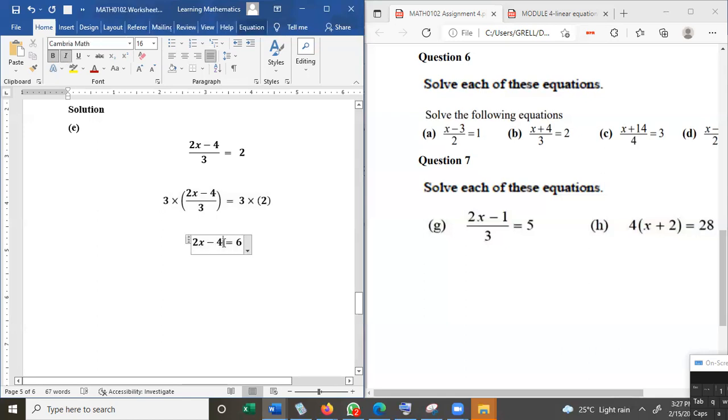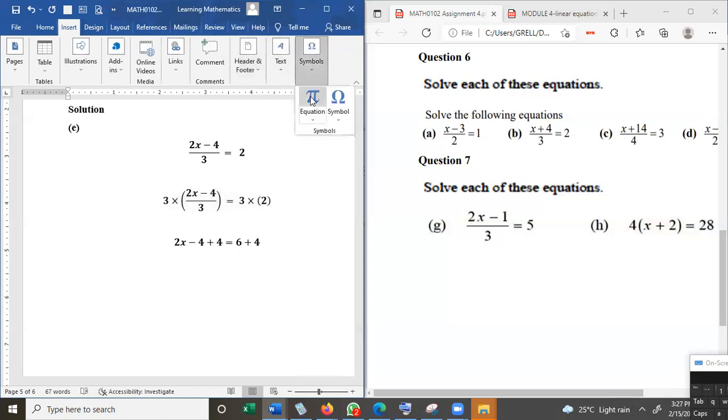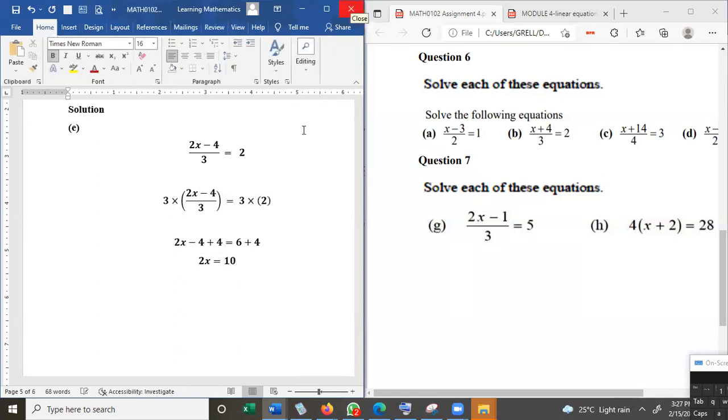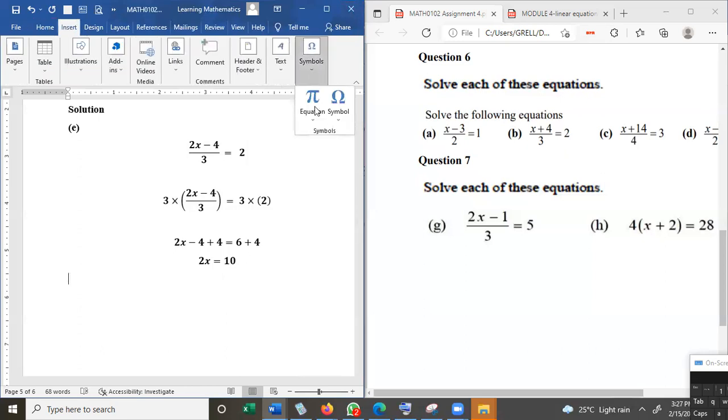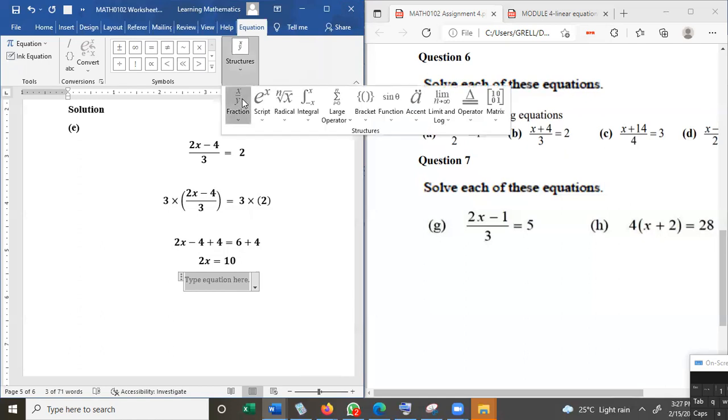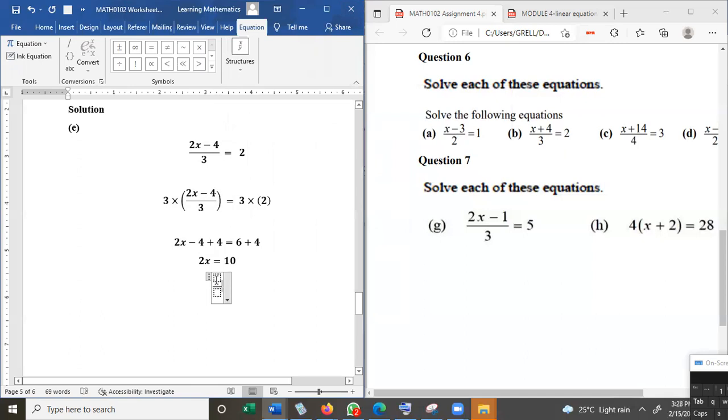Now we can add 4 on both sides to cancel out the 4. Minus 4 plus 4 will give us 2x. 6 plus 4 will give us 10. And then remember, the coefficient of x, the last thing we are going to do is to divide by that coefficient.